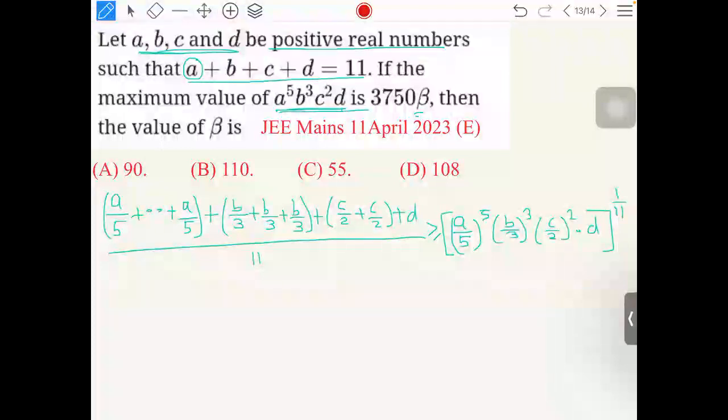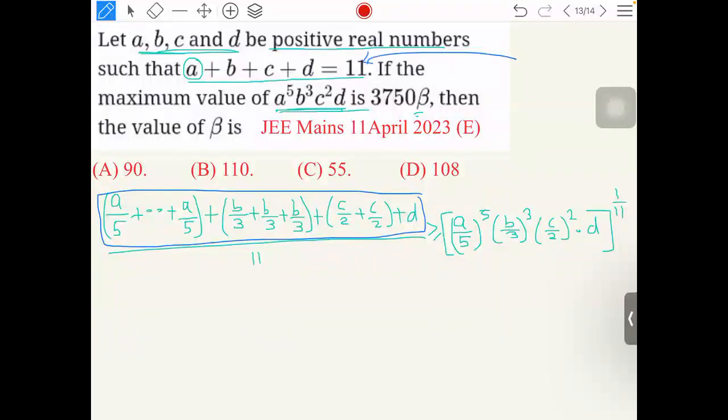Now the value of a plus b plus c plus d is given as 11, and 11 by 11 is 1. So 1 raised to 11 is more than equal to a to the power 5, b cube, c square, d divided by 5 raised to 5, 3 raised to 3, 2 raised to 2.